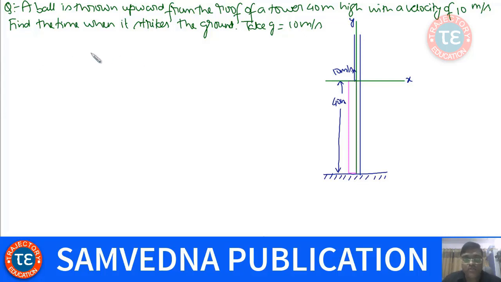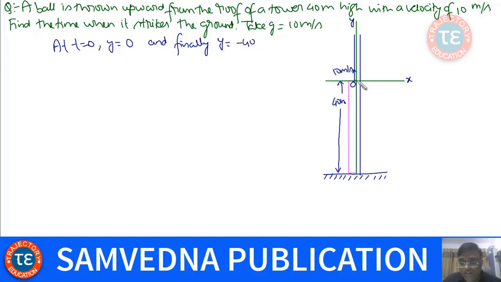Alright, so at t equal to 0, and this is origin, here y was 0, and finally your y becomes equal to minus 40.